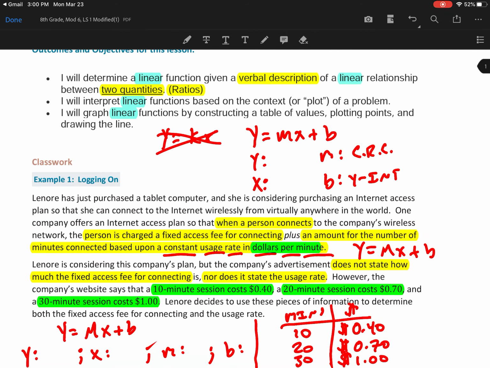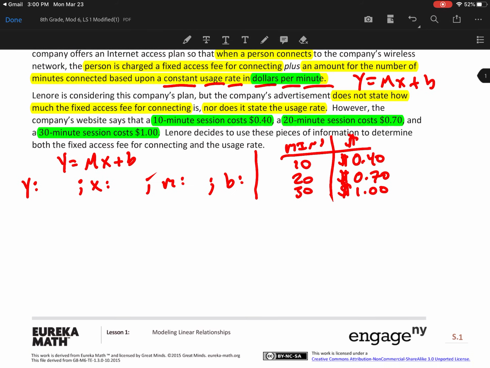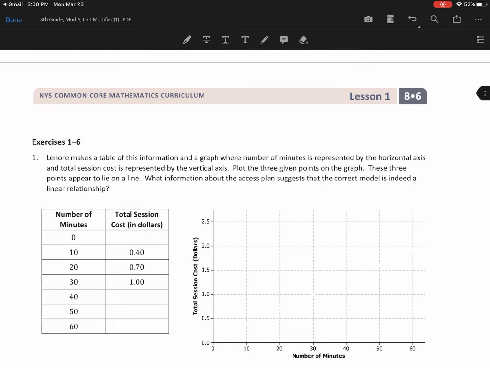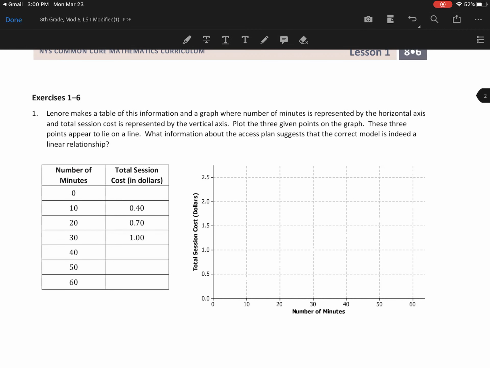If you need to get some more of this information down, go ahead and click pause, but I'm moving on. All right? So exercises 1 through 6. Lenore makes a table of this information. Very good, Lenore. Whenever you're presented with a great deal of data, you might as well go ahead and make a table to help you start organizing it.